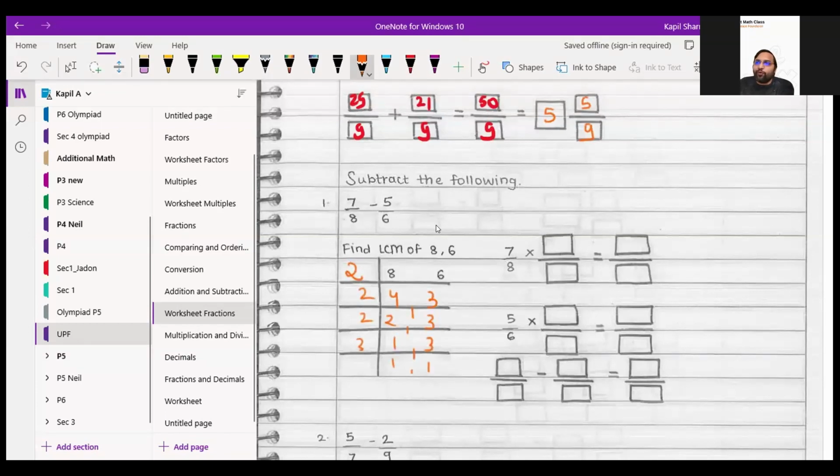So it's 24. That means the common denominator must be 24. Okay, so we need to multiply and divide the first fraction by 3, the second one by 4. So it's 21 upon 24 minus 20 upon 24, which is equal to 1 upon 24.